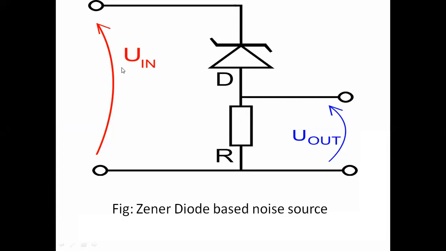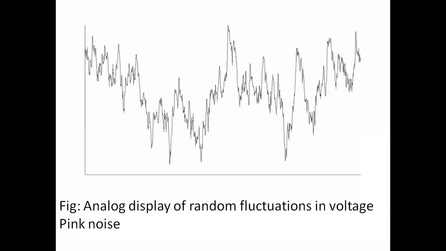This is the input side and this is the output side. It produces a noise signal, which is a source of random fluctuations in the voltage. So it is a pink noise source. You can see the representation of the pink noise source.